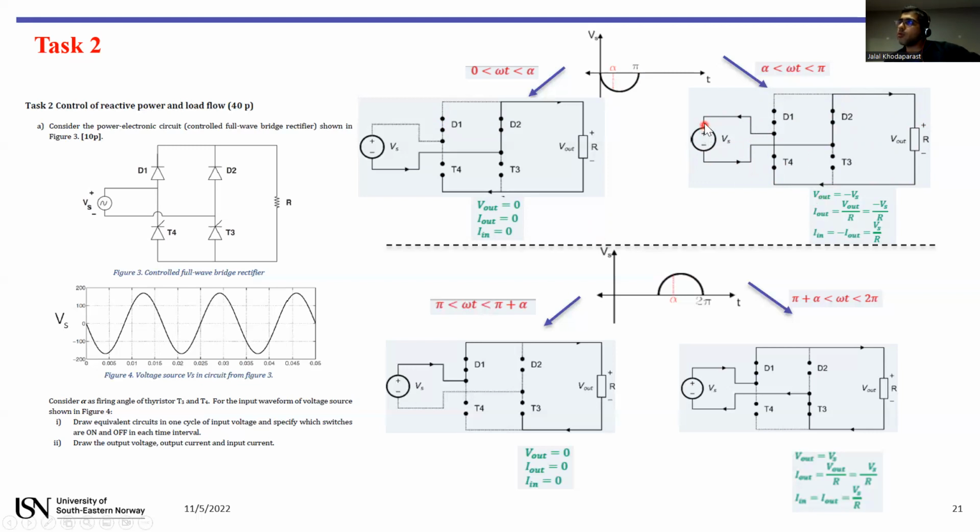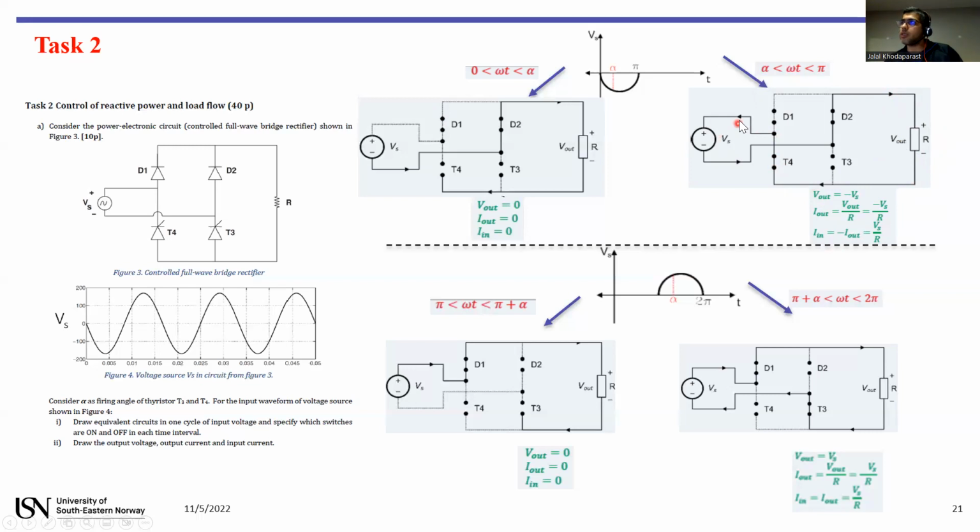If you follow the pointer, the positive side of the voltage goes this way and toward the negative side of the output voltage. That's why the output voltage is the negative of the input voltage. And the output current is the output voltage divided by the resistance.